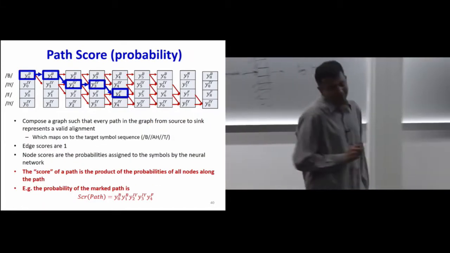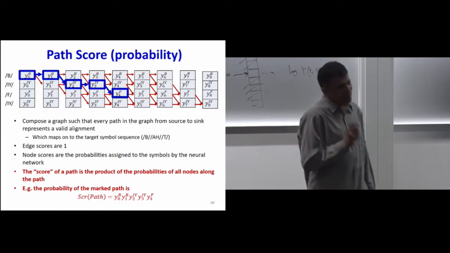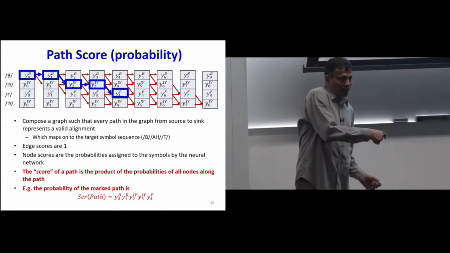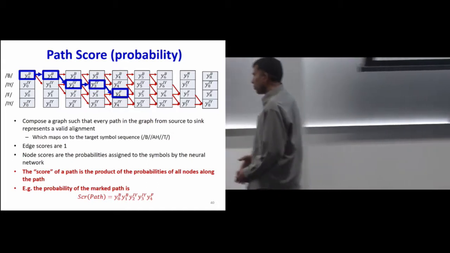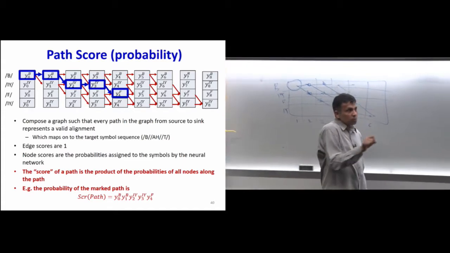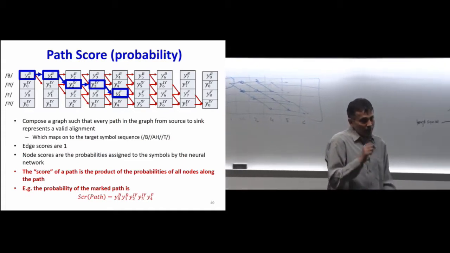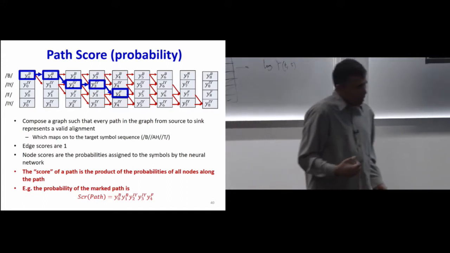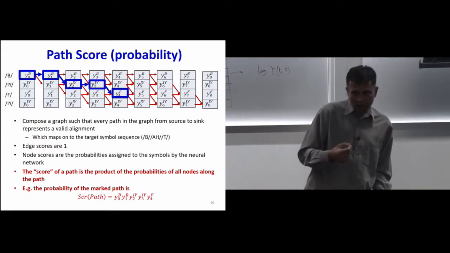So how do I decide how to find a path? What is the score assigned to any path? I'm trying to find the most probable sequence. Remember, the network is assigning probabilities to every symbol.